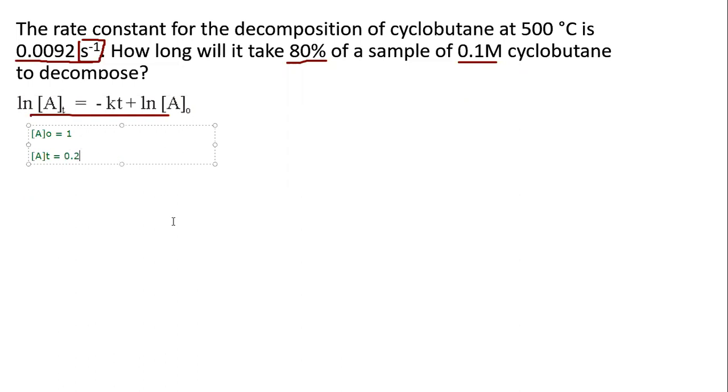You can do this because the equation has ln in it. And k is 0.0092. Now we can set this up and solve for t.